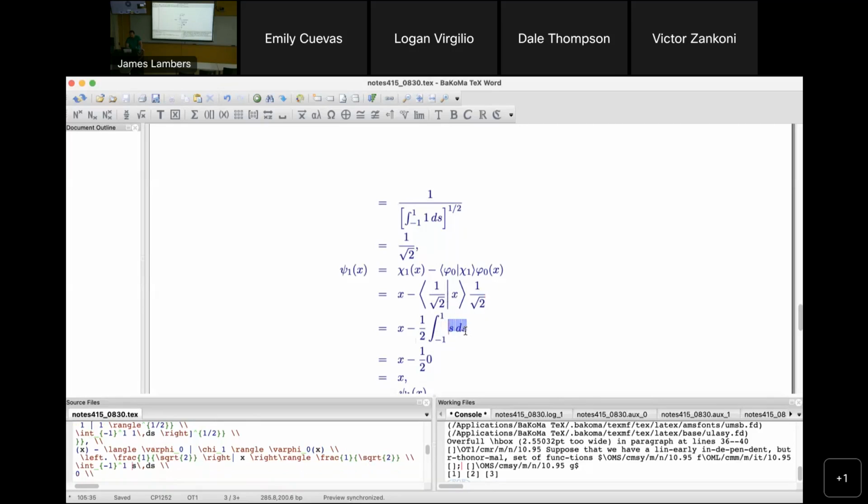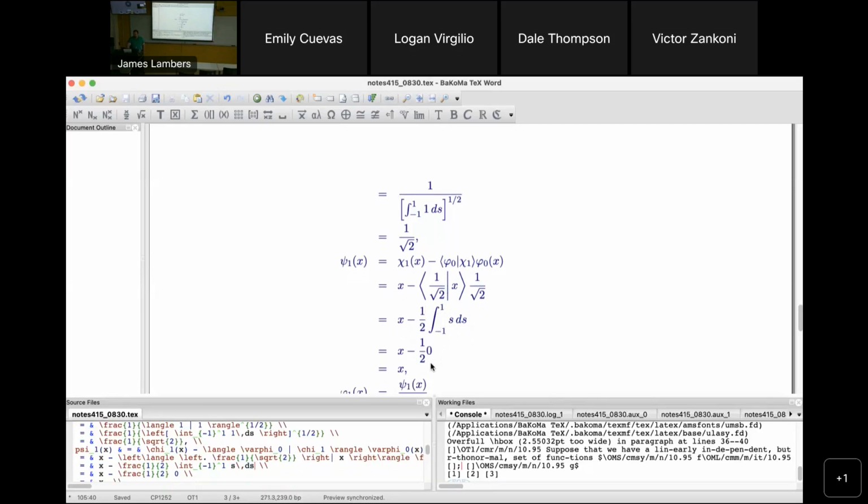I'm using a different letter here because I have x out here, so it wouldn't be good to use x here. Now, the integral of a polynomial of odd degree over a symmetric interval, like -1 to 1, is going to be 0. It's an odd function. So that works out nicely. That psi 1 is just x.